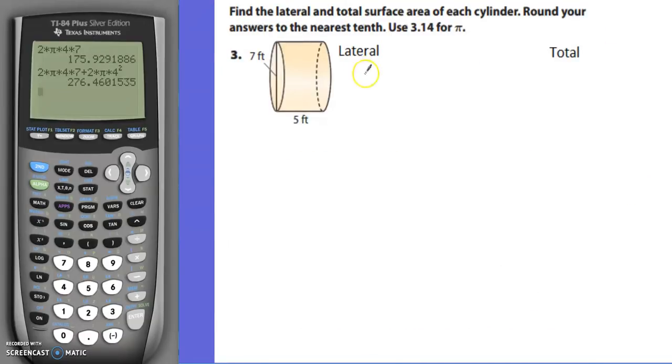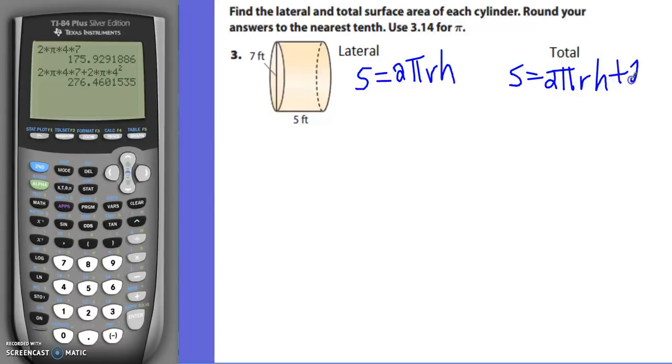Okay, so first, step 1, write your formula. S equals 2 pi r h, the circumference of the circle times the height of the cylinder. Total, S equals 2 pi r h plus twice the area of the base. And remember, the base is pi r squared. Okay, now we're going to substitute. Oh, but be careful, 7 is the diameter, so 7 divided by 2 is 3.5.